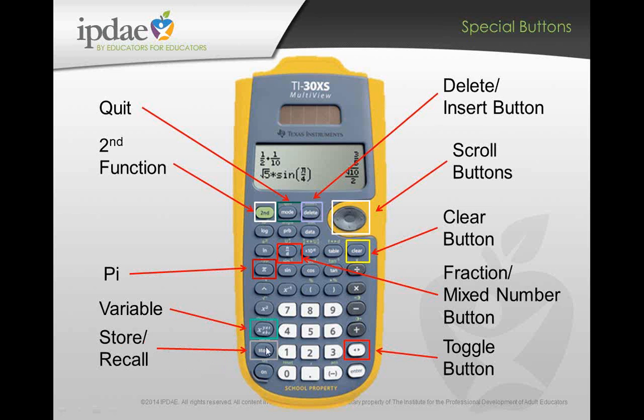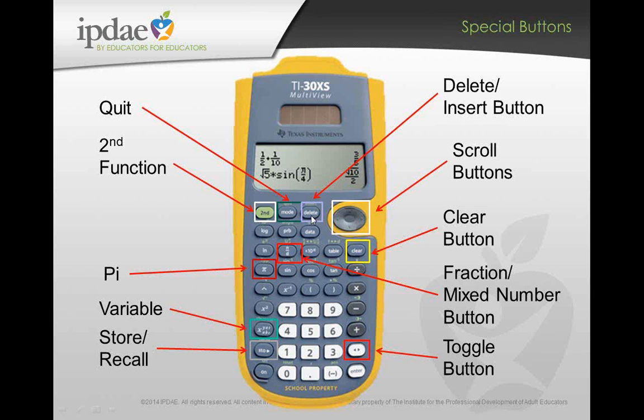We also have the store and recall button, almost to the lower left corner of your calculator. That's where you can store and re-access values that you store in your calculator. Delete and insert. I know some people are getting confused with these two buttons. We're going to go over that.